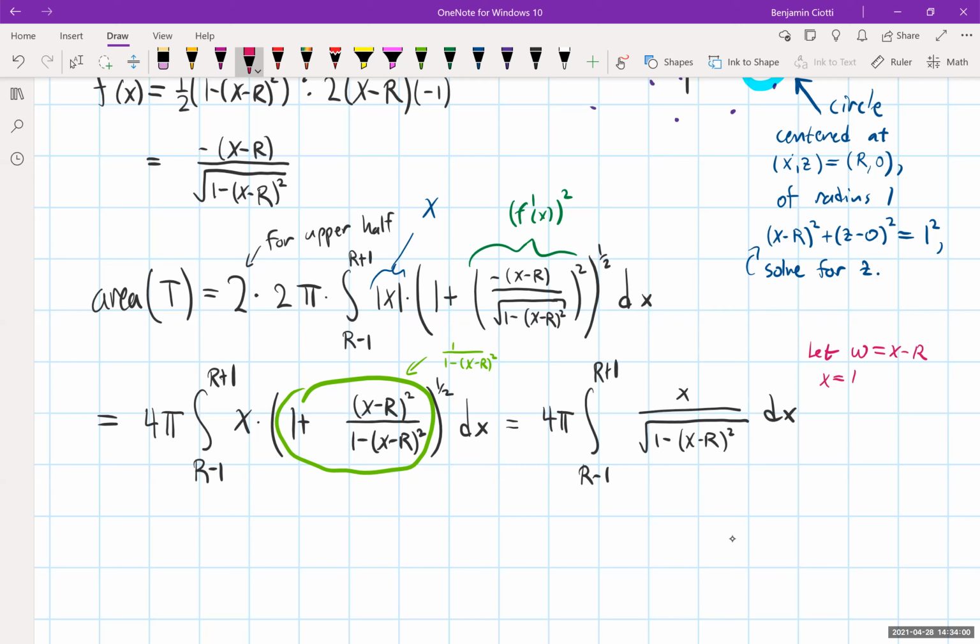So x is r plus w, dx is dw. When x is r minus 1, w is -1. And when x is r plus 1, w is +1.